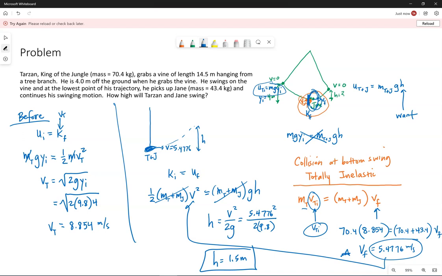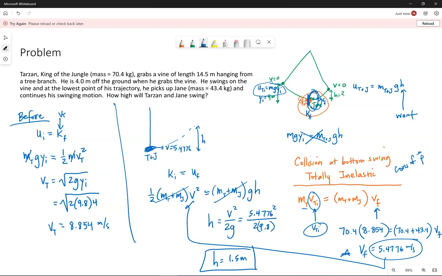Okay, so we have to be careful and make sure we recognize whether or not there's a collision of some sort. The safest bet in a problem that does involve a collision is to always use conservation of momentum for the collision itself, because momentum is conserved in any type of collision.